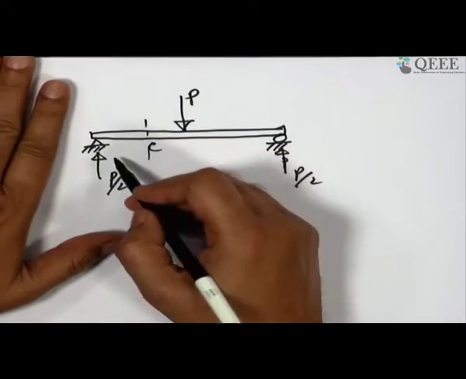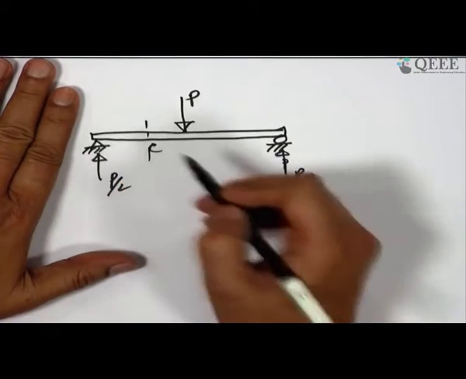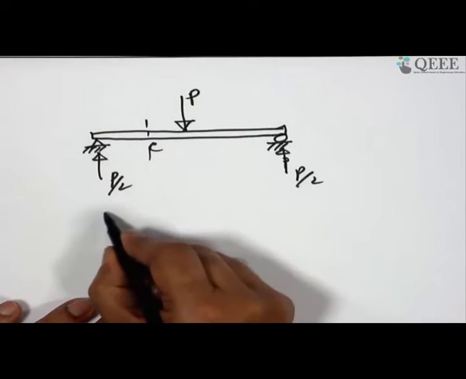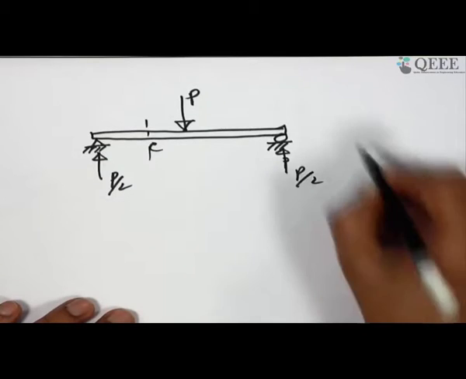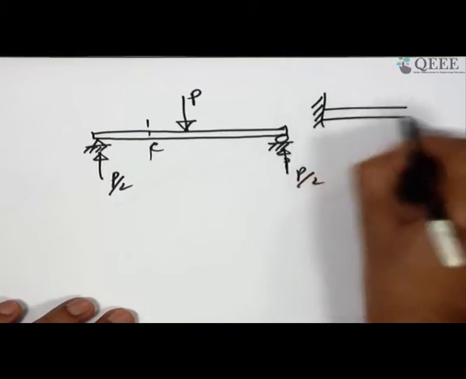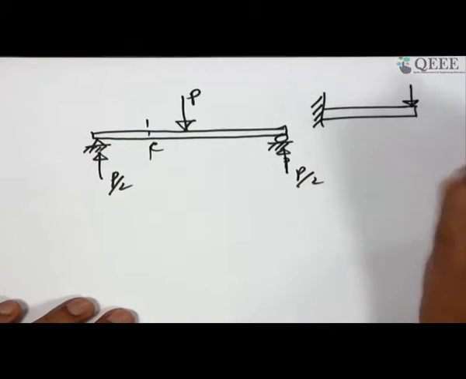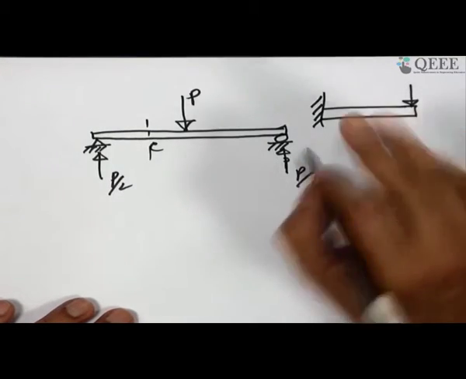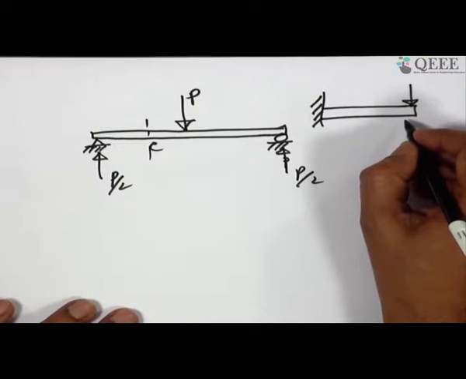So, now see here, this P by 2 will create a shear force. I hope you also know the effect of the shear force. Suppose there is a cantilever beam, you are loading it. It is not correct to say that, because it will be subject to bending moment as well as shear forces.